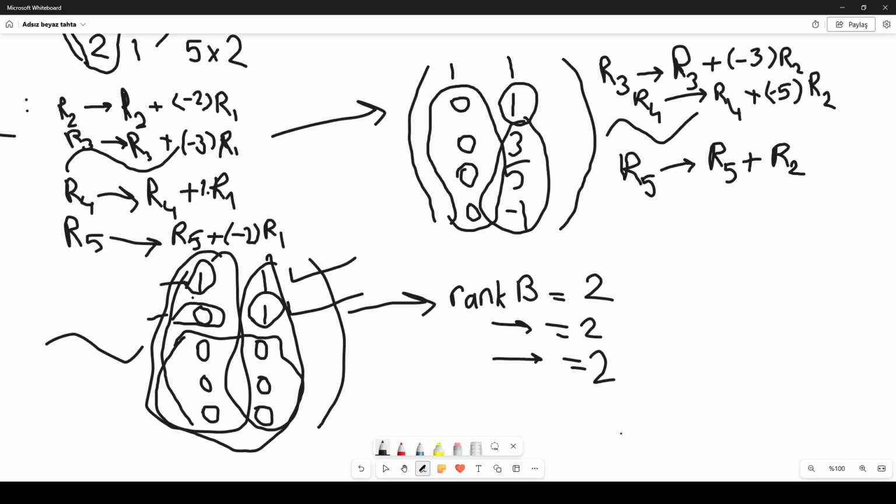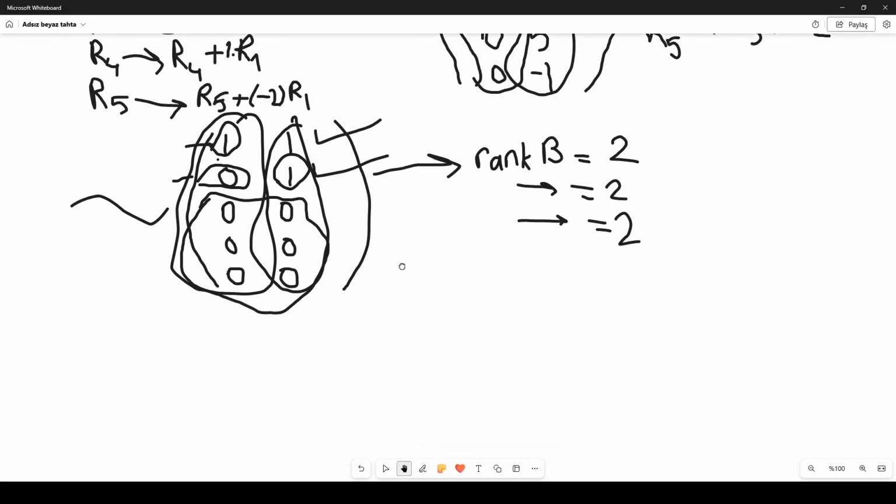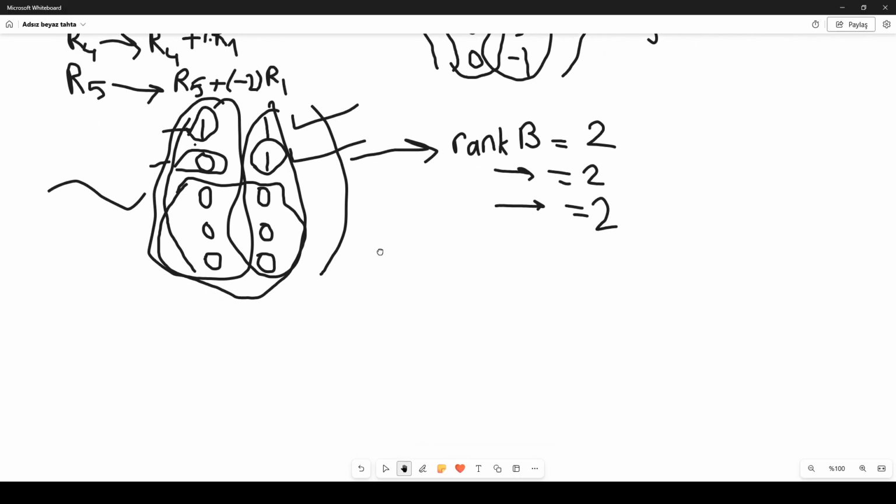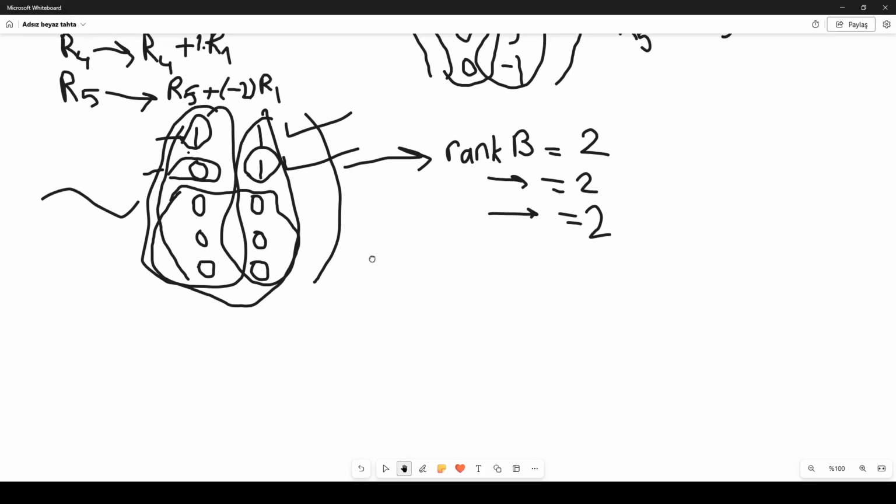So rank should be the same. Okay then. Now we know what the rank is, and we also know how we can find the rank of any given arbitrary matrix. Before completing this lecture, I would like to also point out one more thing. In other words, let's make some key observations.